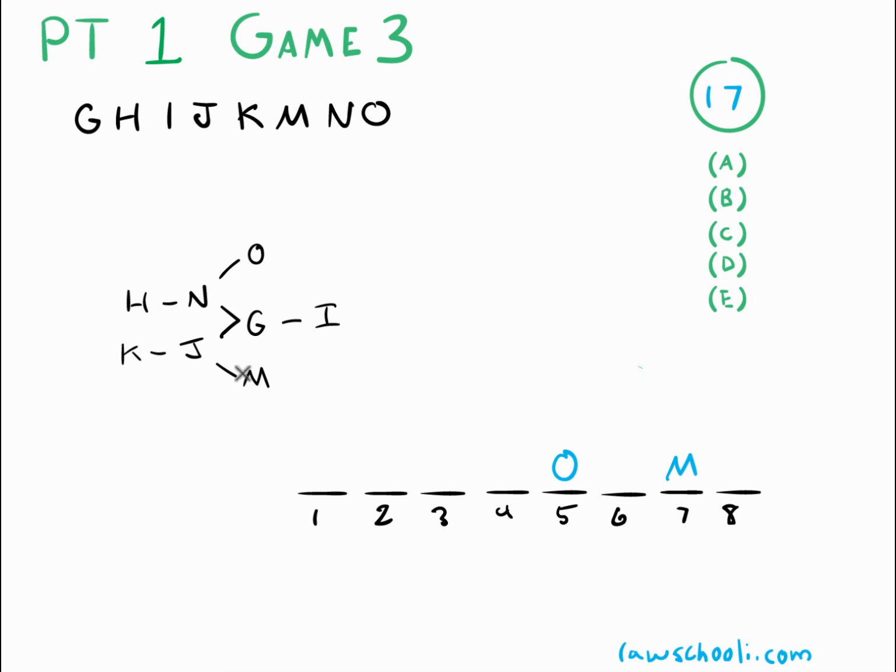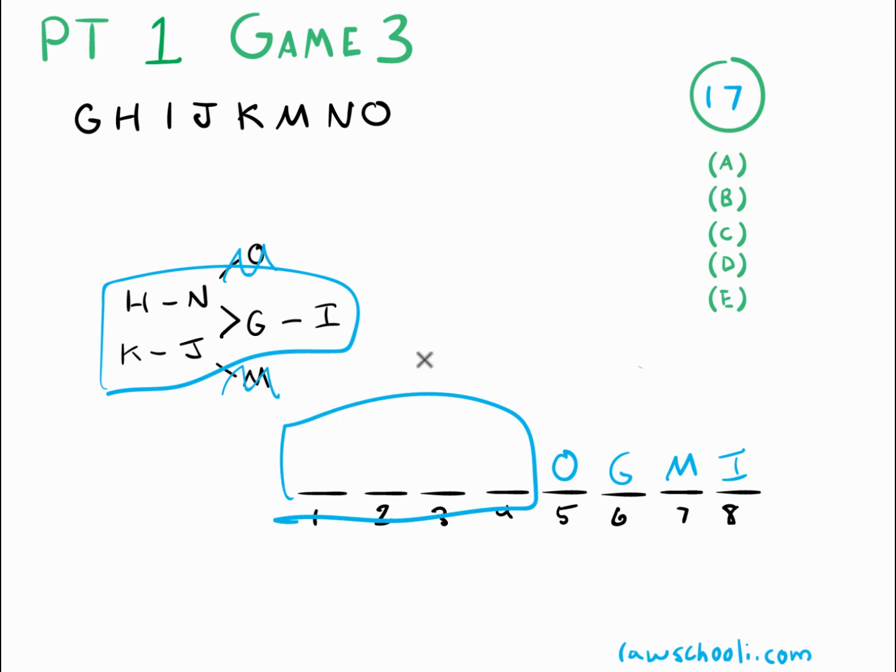The easiest thing to do here is to just look at the rest of that chain in isolation, and we see this H, N, K, J, G, I thing. Well, that's going to force G and I into these back 2 spots, and then these other 4 are a lot more flexible. They can move around in order up front.